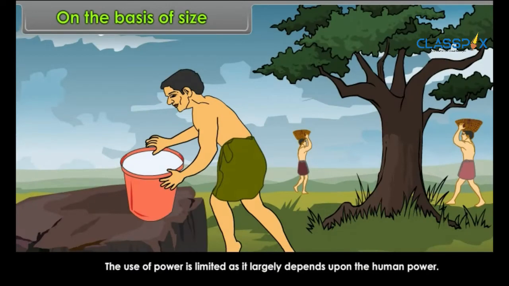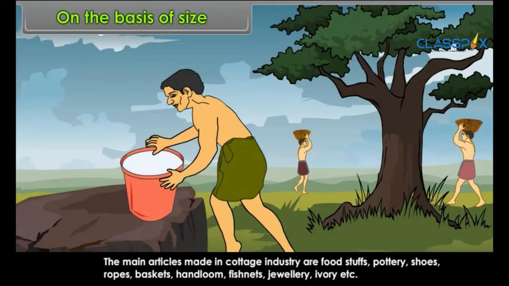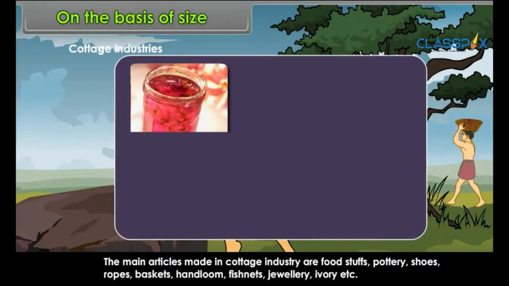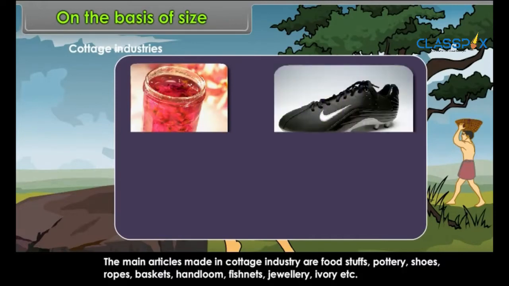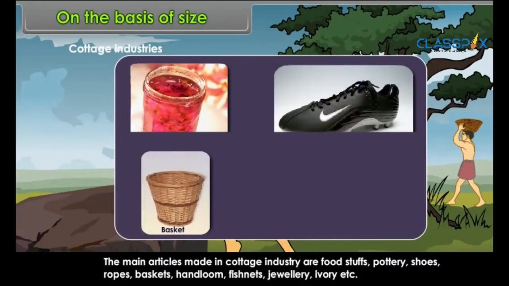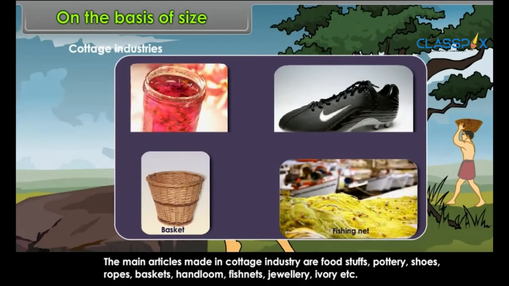The use of power is limited as it largely depends upon the human power. Only a little amount of money is needed to set up a cottage industry. The main articles made in cottage industry are foodstuffs, pottery, shoes, ropes, baskets, handloom, fishnets, jewelry, ivory, etc.